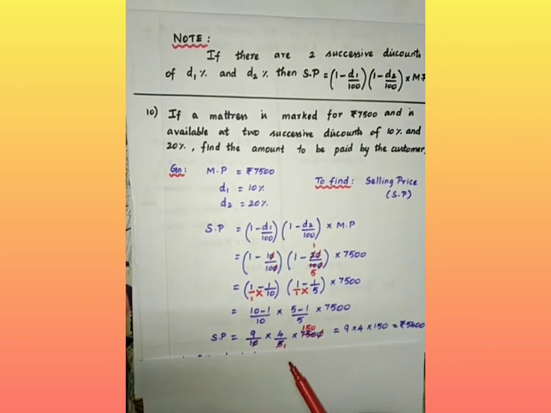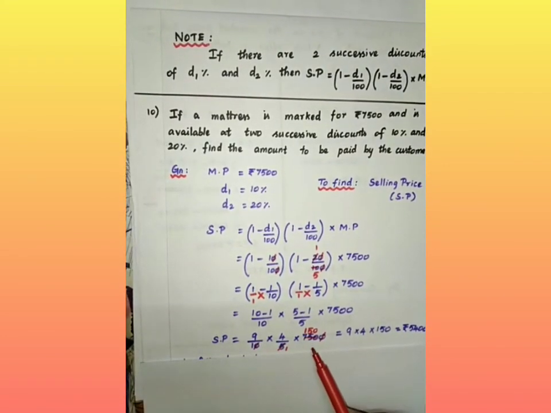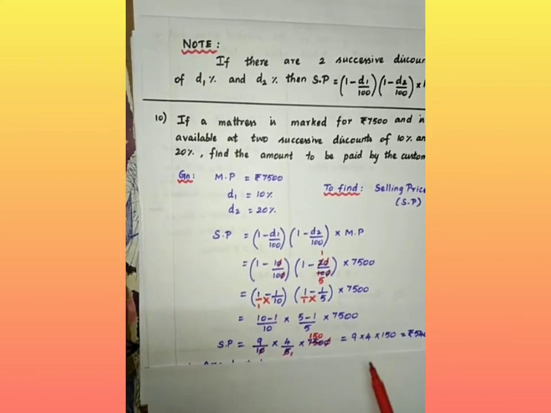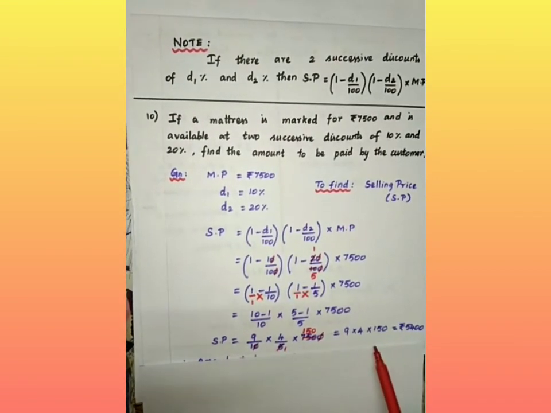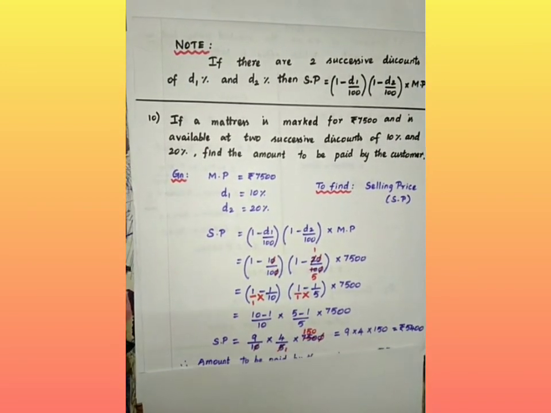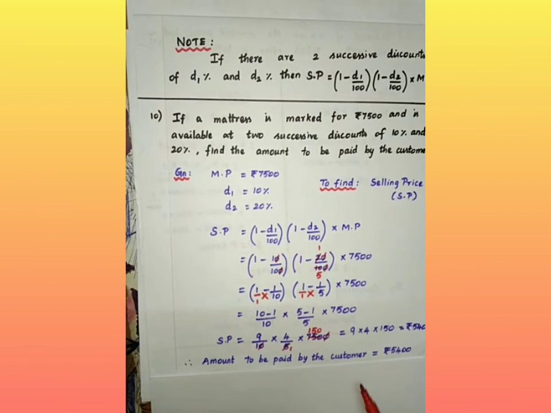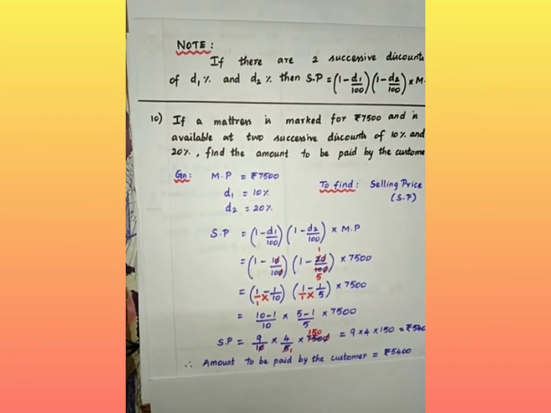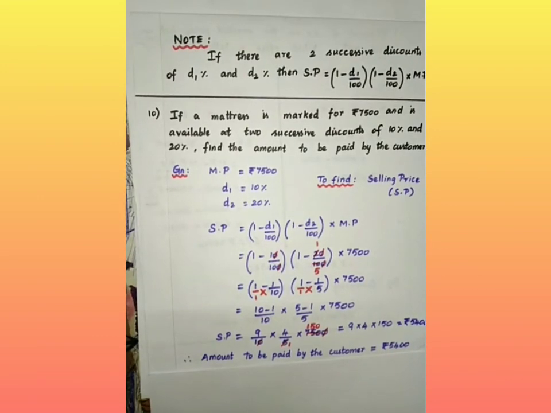Then 5 ones are 5 and 15 fives are 75, and 1 zero is there. Then we can multiply the remaining values. 9 into 4 into 150 equals rupees 5400. Therefore, the amount to be paid by the customer is rupees 5400. I hope you all have understood today's class. Thank you, children.